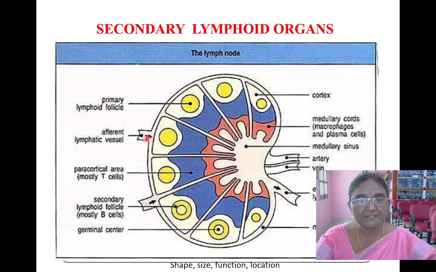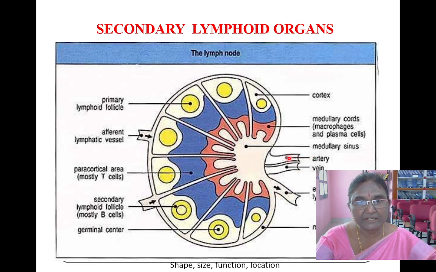The outer region contains many afferent lymphatic vessels, which carry lymphatic fluid into the lymph node. On one side we can see a concavity or indentation known as the hilus, through which blood vessels go in and come out.